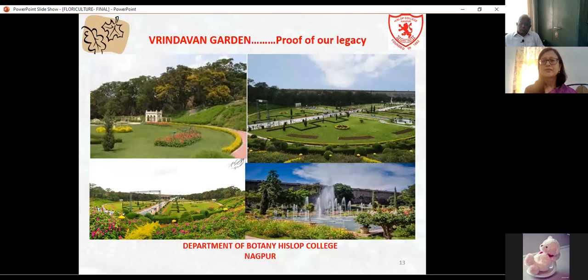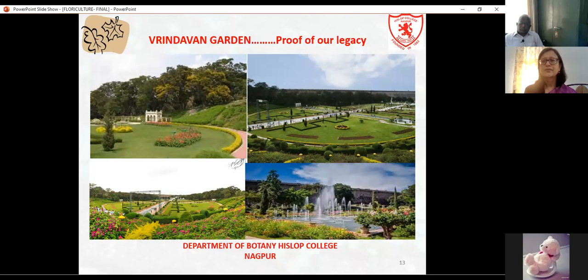Why I consider it as present day, because I feel this is an icon of India's legacy as far as growing plants and flowers are concerned. We have carried on what we got from our forefathers, and this is the legacy, this is the living proof that we got something and we carried it forward.